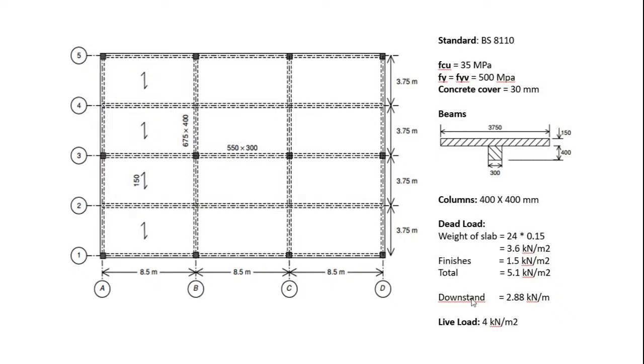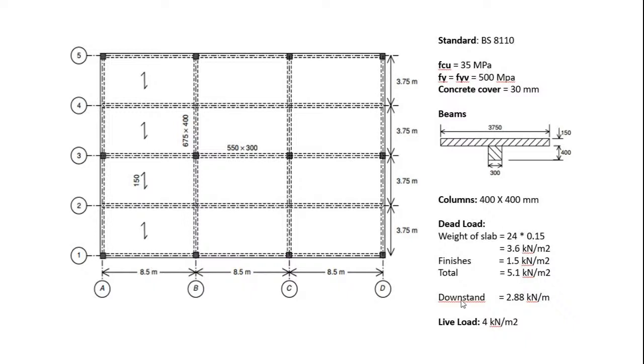Now the downstand needs to be set aside, because if this is the whole section of the beam, obviously, the beam normally is 550 by 300, as you can see here. But part of the beam is included in the slab. And if we have taken all of this to be the weight of the slab, we have to take just this part to be the weight of the beam that we are calling the downstand here.